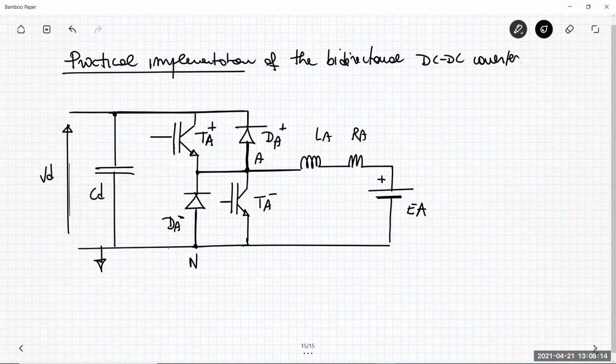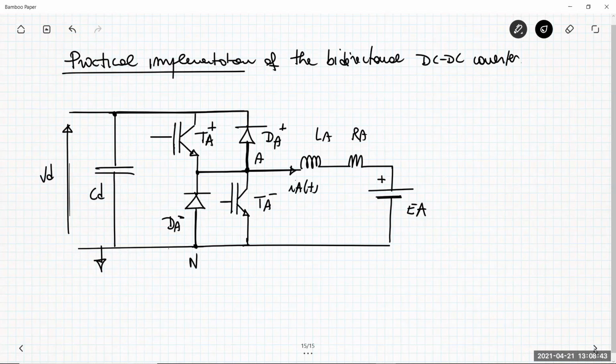So I explained before that this converter is a two-quadrant converter, and it's bidirectional in the sense that the current you can have here is a bidirectional current, flowing out of the node A for motoring operation, or entering the node A, so reverting direction, for braking operating mode.